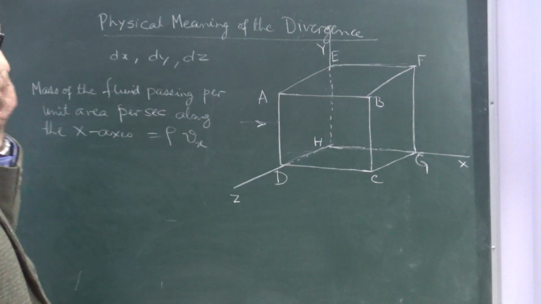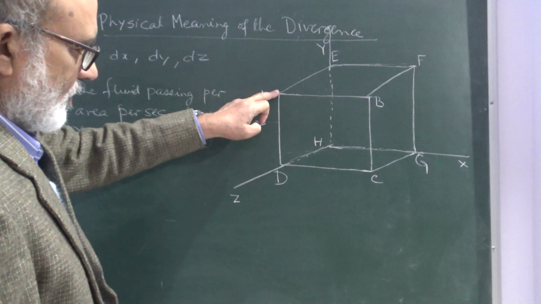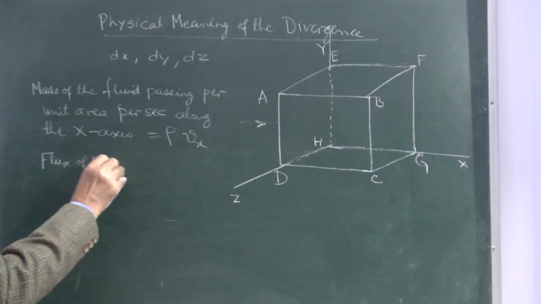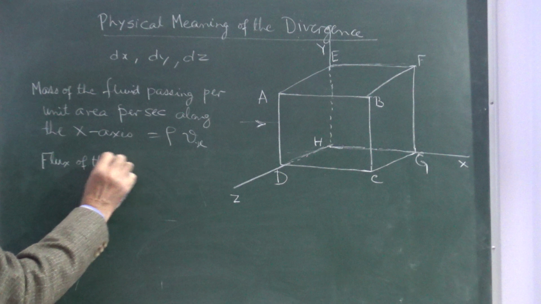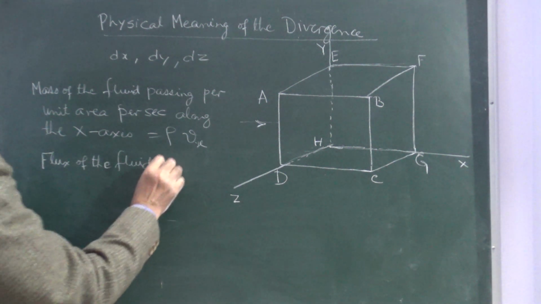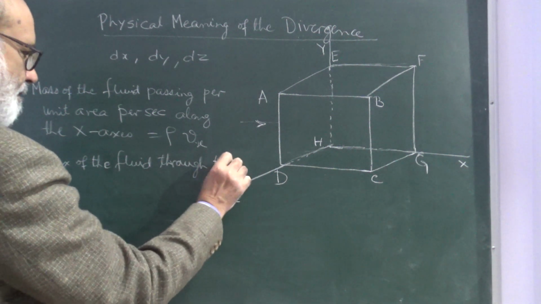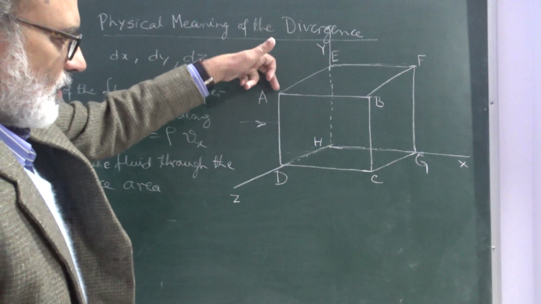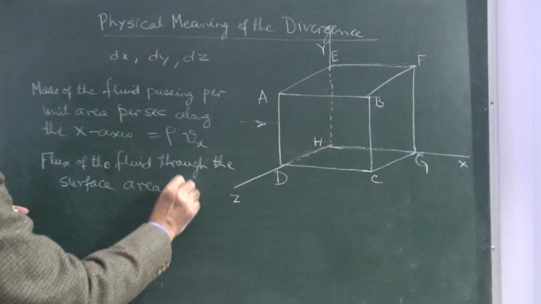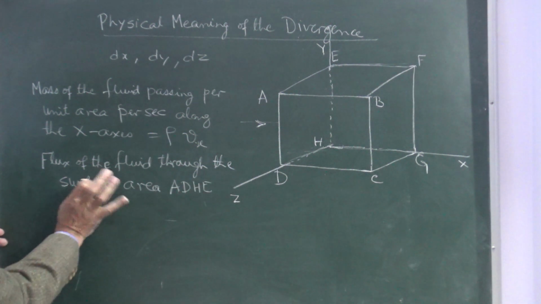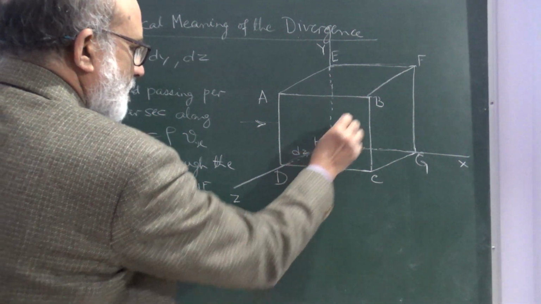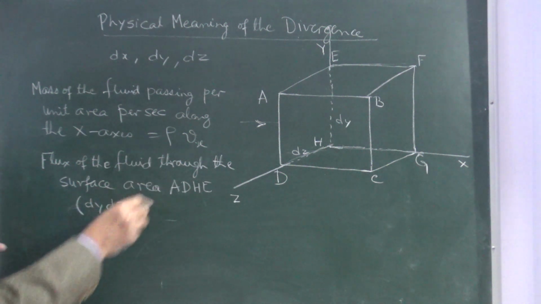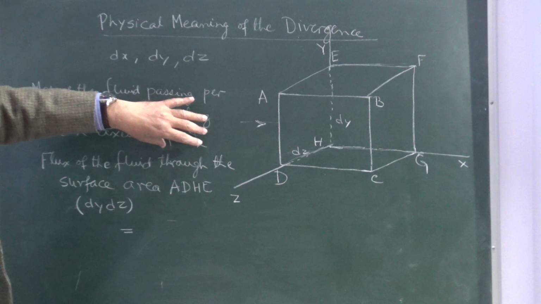So the flux of the fluid through the surface area ADHE, whose sides are dz and dy, so the area is dy dz, will be equal to rho vx dy dz.